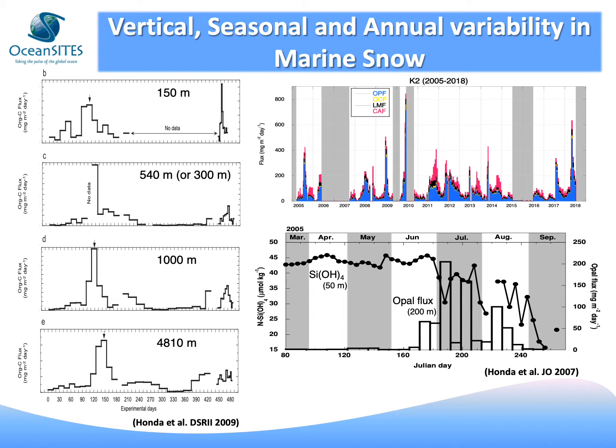It can be seen that quickly after dissolved silicate concentration decreased in late June, biogenic opal flux increased in early July. By deploying automatic water sampling system and time series sediment trap simultaneously, it can be revealed how fast assimilated nutrient is exported to the ocean interior.